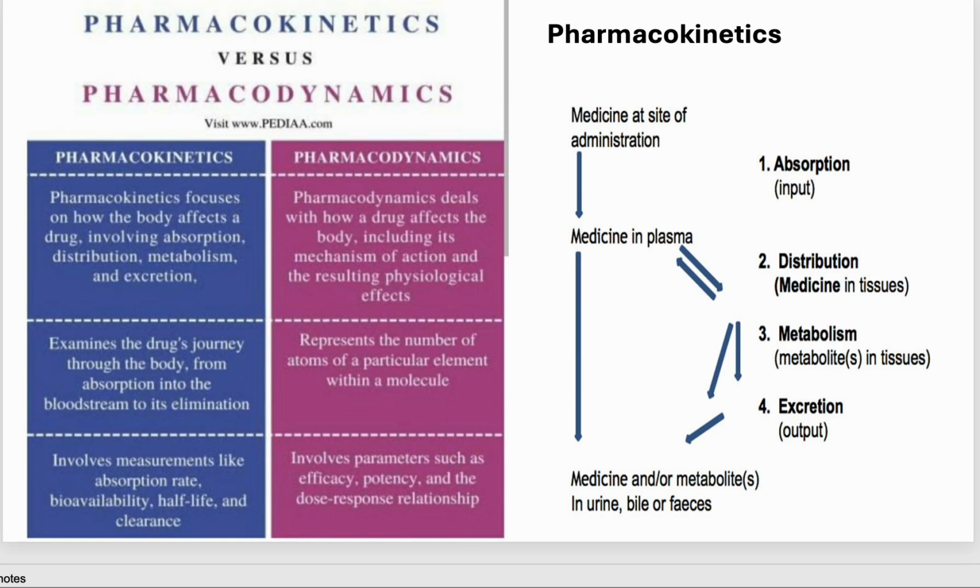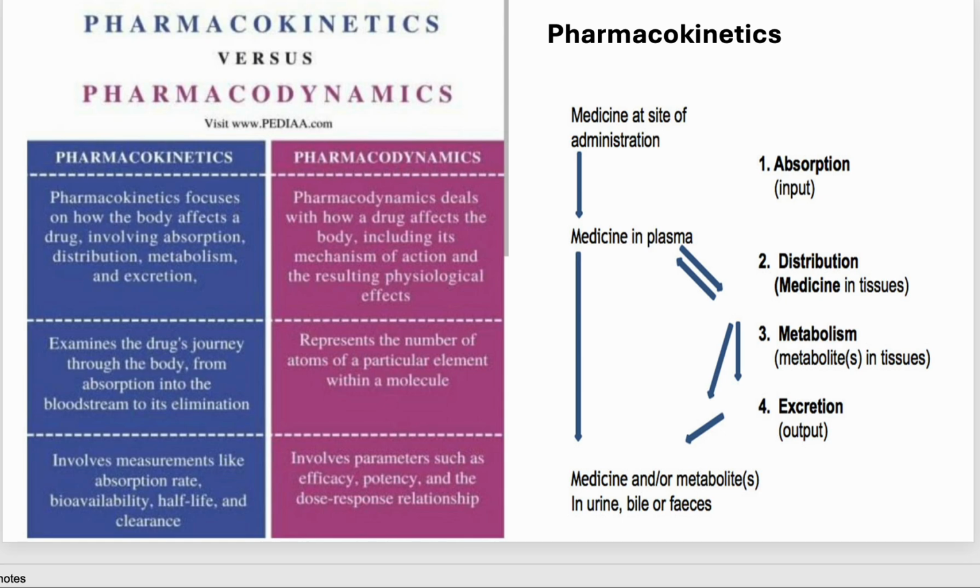It involves ADME: absorption, distribution, metabolism, and excretion. It examines the drug's journey throughout the body, from absorption into the bloodstream to its elimination. It involves measurements like absorption rate, bioavailability, half-life, and clearance. All of these terms we'll discuss thoroughly in the upcoming slides.